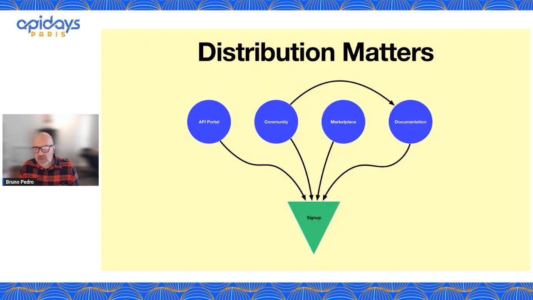And finally, still related to putting your API in the hands of potential customers, you see here how distributing your API can help you increase the acquisition and increase the number of signups. So this is just an example of the different ways that you can use to distribute your API. So you can build an API portal. You can also build, or interact with, an existing community that helps you write and distribute documentation about the API.